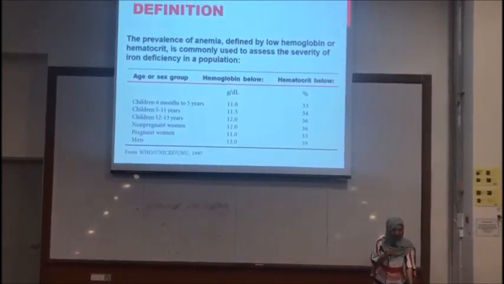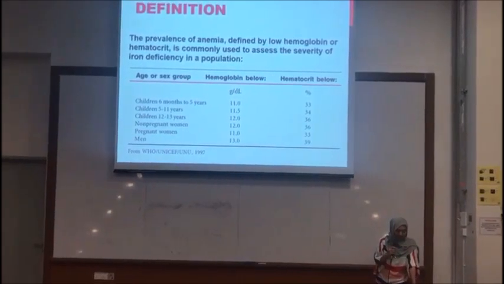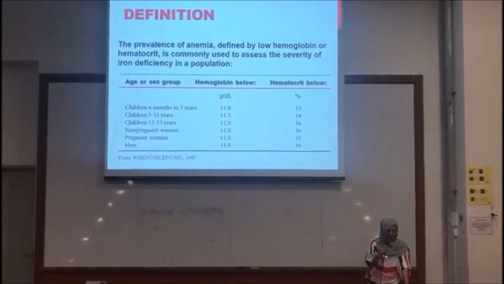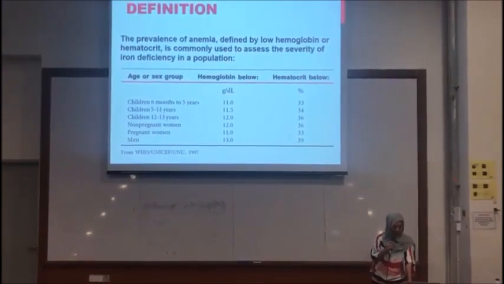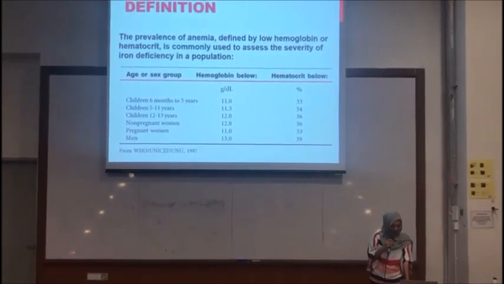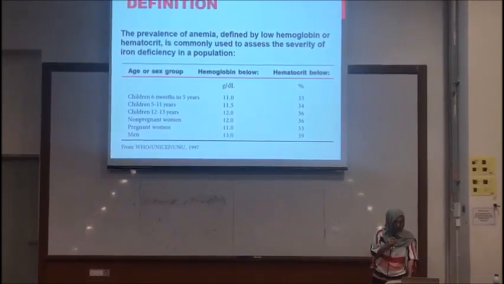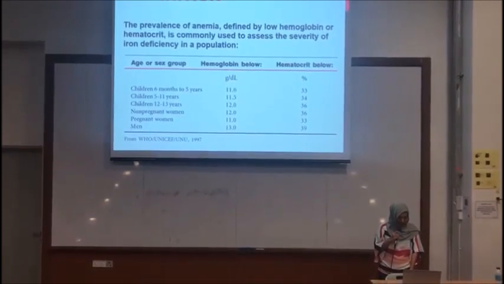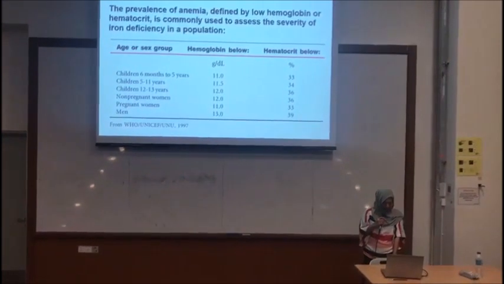The prevalence of anemia, defined by low hemoglobin or hematocrit, is commonly used to assess the severity of iron deficiency in a population. It is divided by age or sex group. Children 6 months to 5 years: hemoglobin below 11, hematocrit below 33.